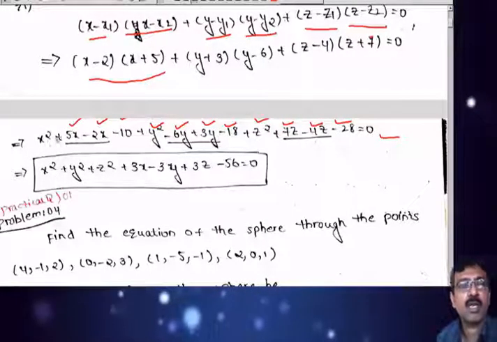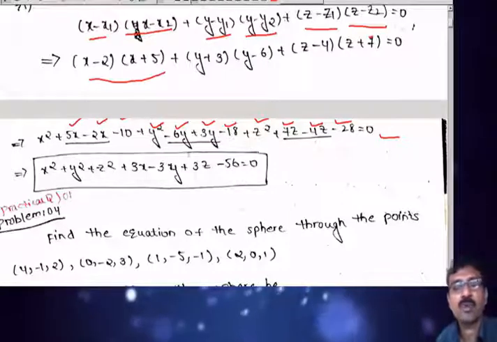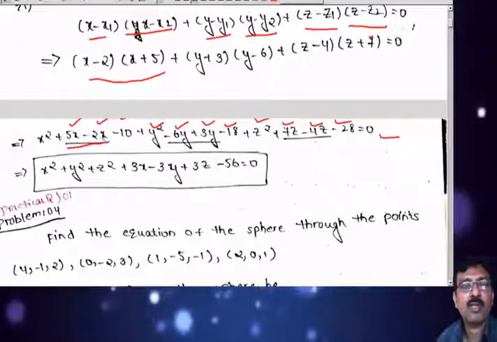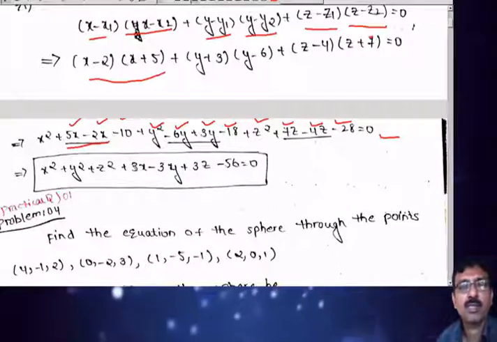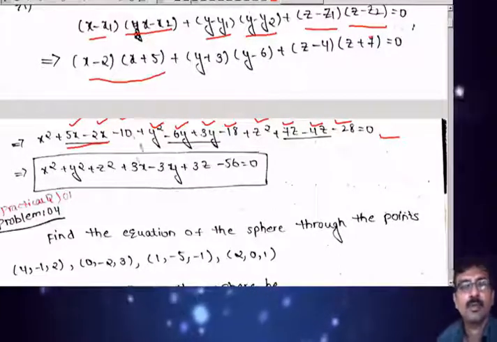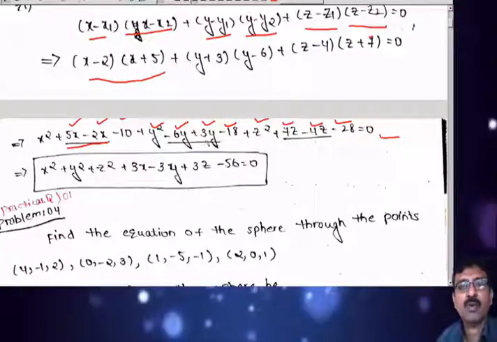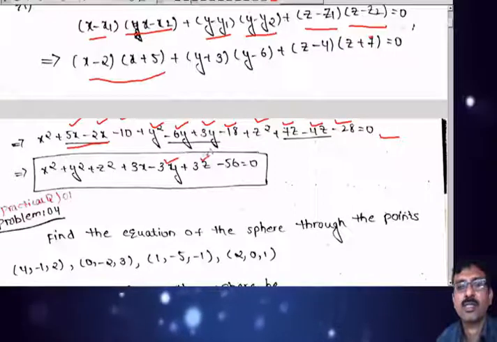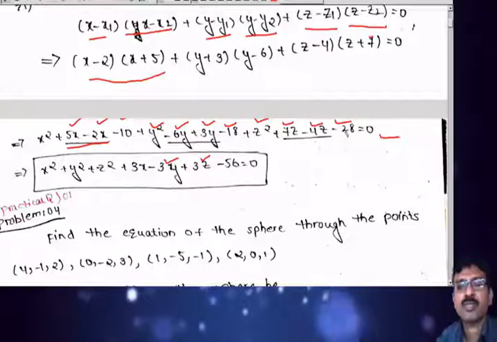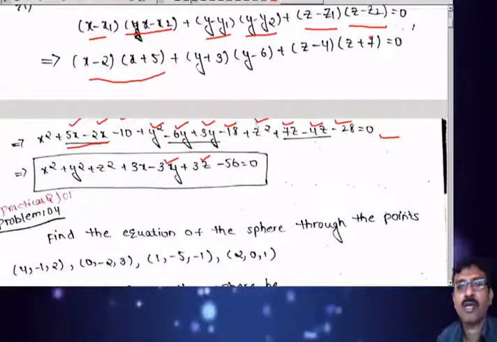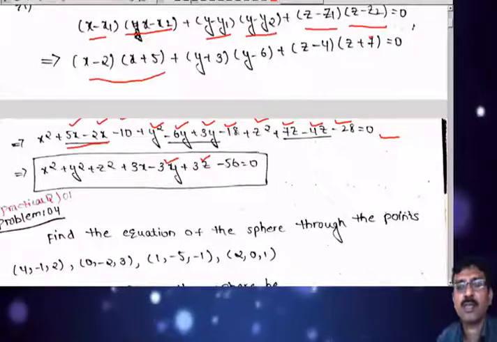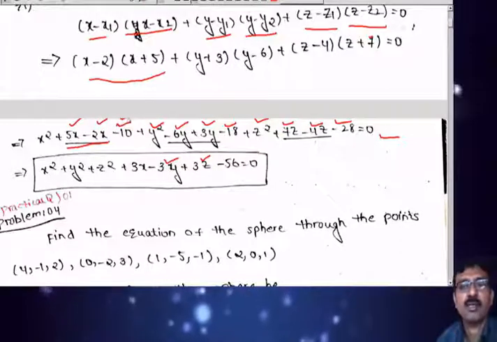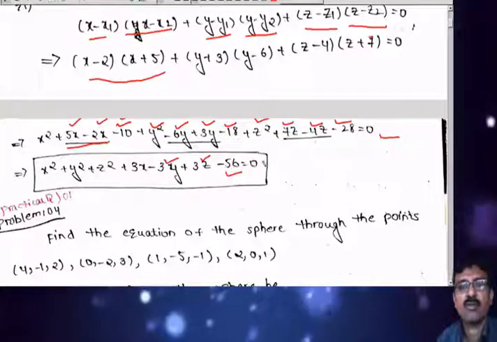Taking x square, y square, z square terms together, the remaining terms are 5x minus 2x, that is 3x, and minus 6y plus 3y, that is minus 3y, 7z minus 4z, that is 3z, and the constant terms are minus 28, minus 18, minus 10, minus 56, equal to 0.